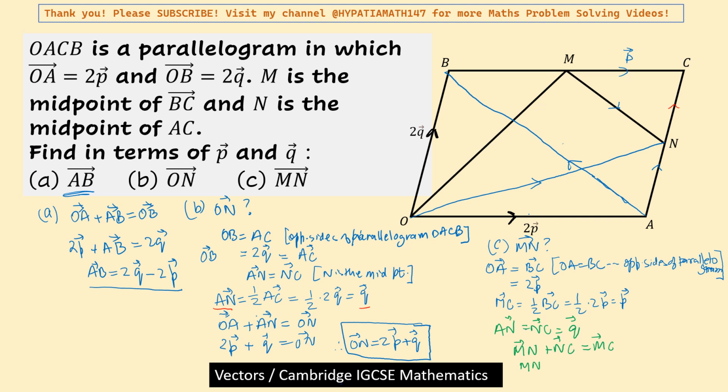So we just put in the values: MN plus NC, where NC equals Q, equals MC, and MC we found out is P. So therefore MN would be equal to vector P minus vector Q. And that's the answer.